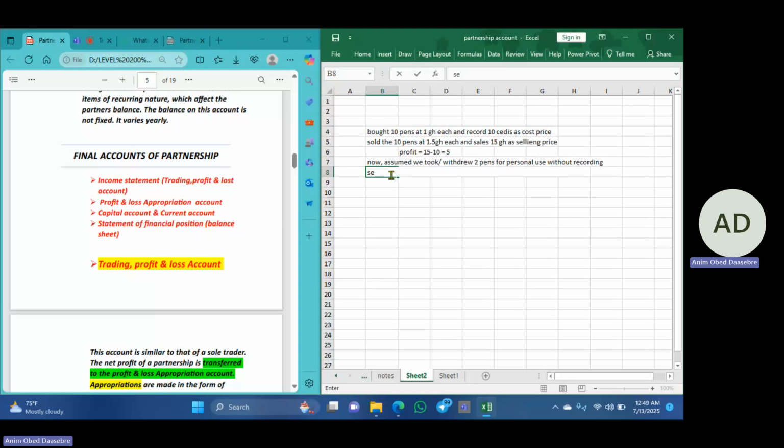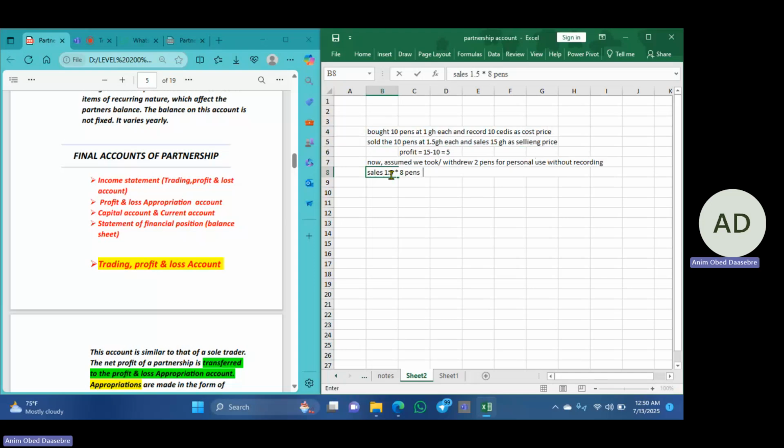Now our selling price will be what? Because we have taken 2 pens, we don't have 10 pens anymore. We have 8 pens. So our sales will now be 1 cedi 50 pesewas times the remaining 8 pens, which is going to give us sales of 12 cedis.